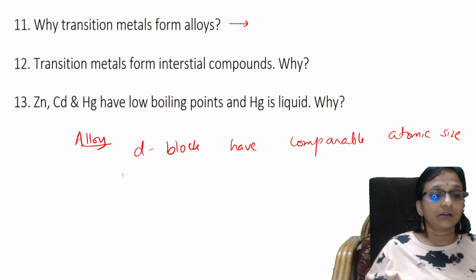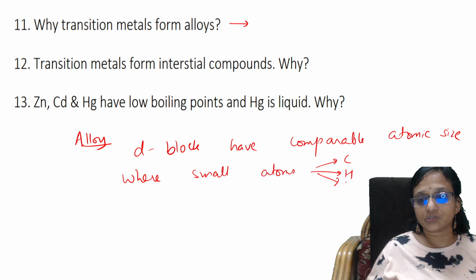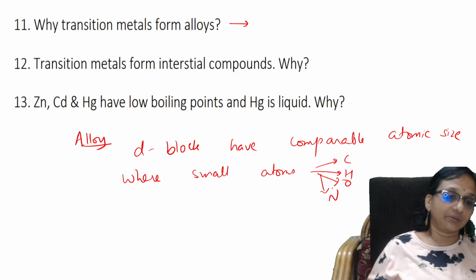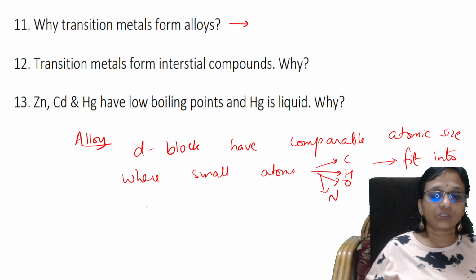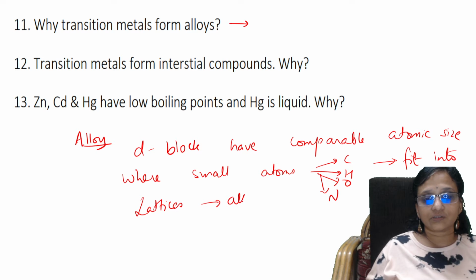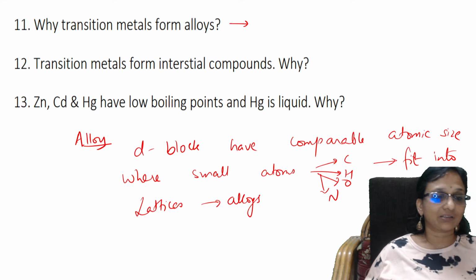Small atoms like carbon, hydrogen, oxygen, nitrogen can fit in the lattice, correct? So when they fit into the lattices, they form alloys. Interstitial compounds also have the same answer.